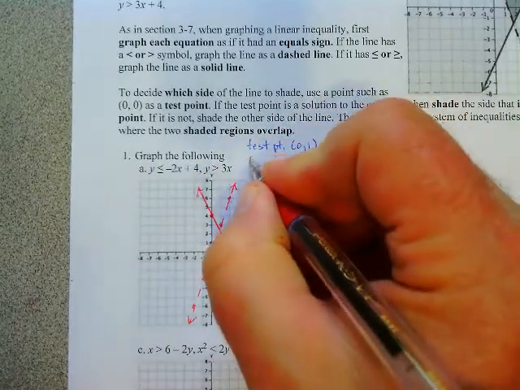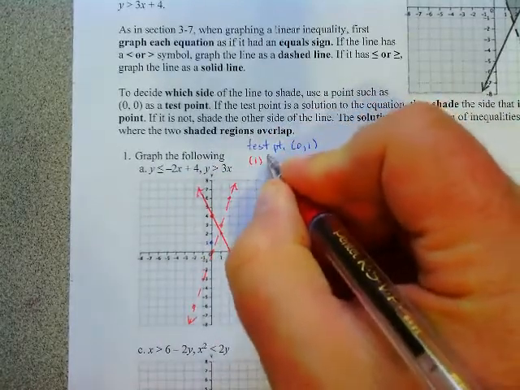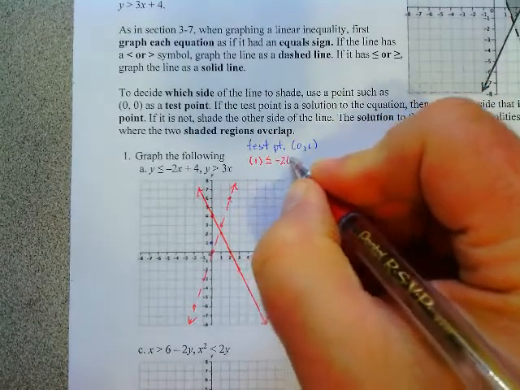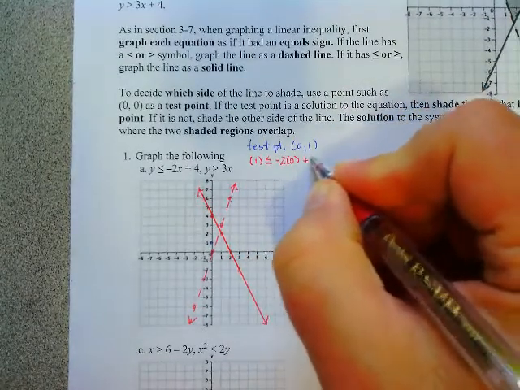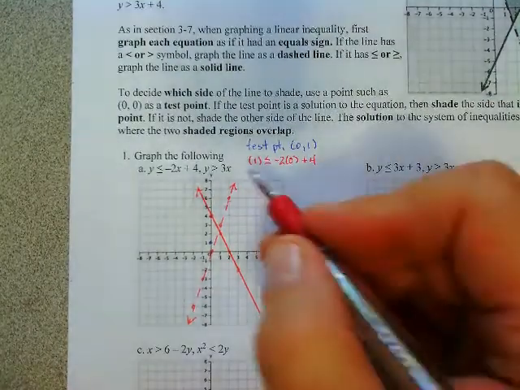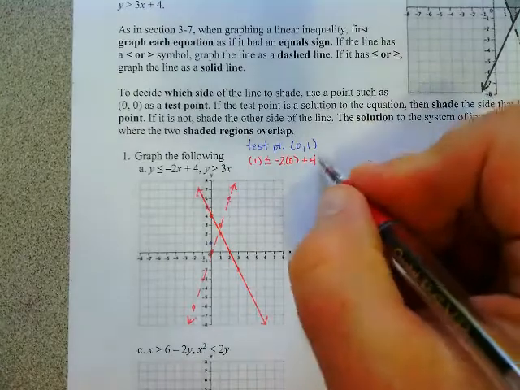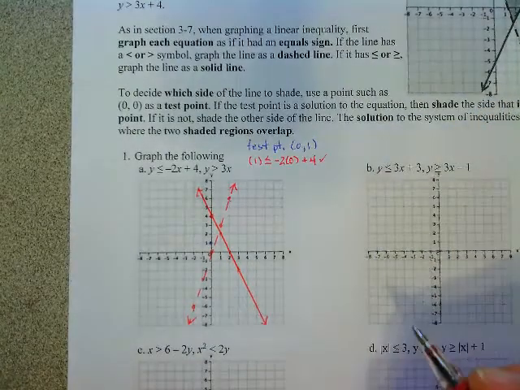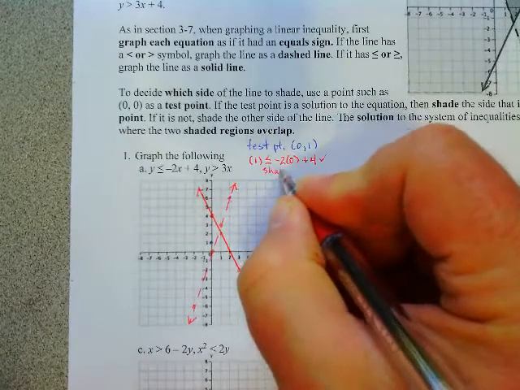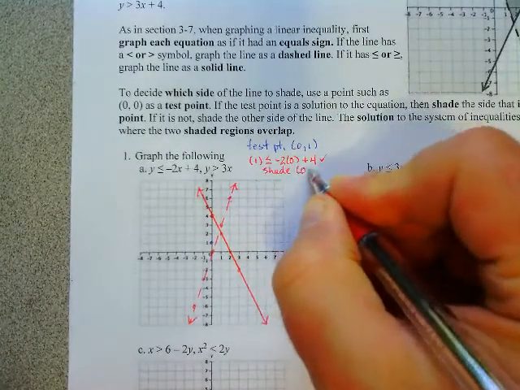So let's look at the first one. We would have 1, is that less than or equal to negative 2 times 0 plus 4. Of course, negative 2 times 0 will be 0. Is 1 less than 4? It is. So we would shade the 0, 1 point.